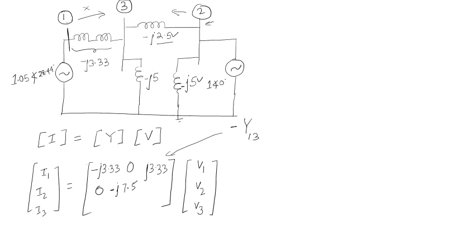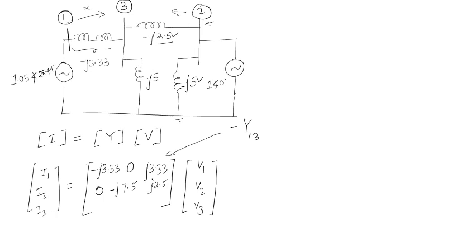And then for Y23, this is minus j2.5, and then you multiply with the minus sign, so you will get j2.5. For mutual terms you have to multiply with the minus sign. For a self term you don't have to multiply with the minus sign.